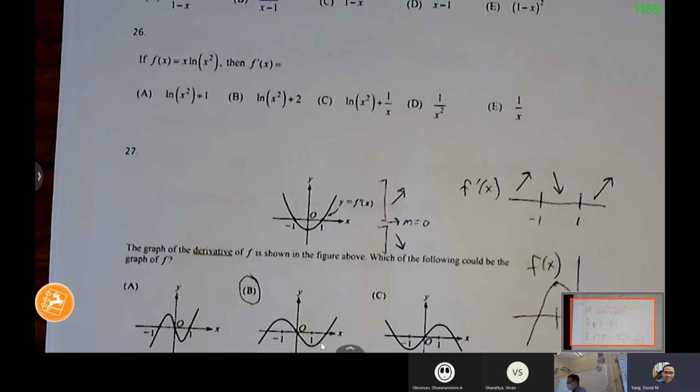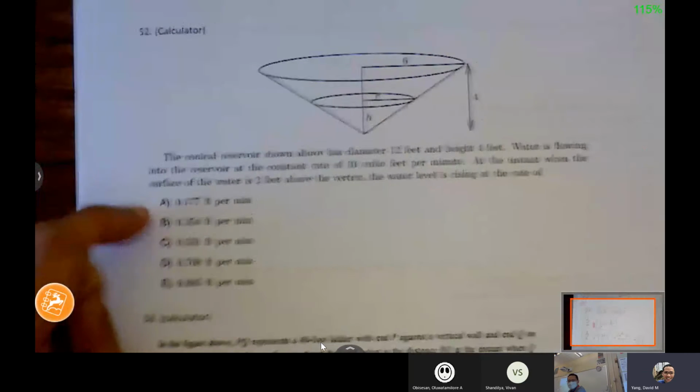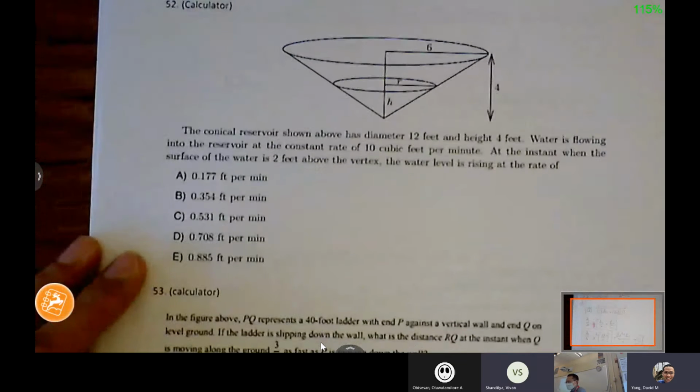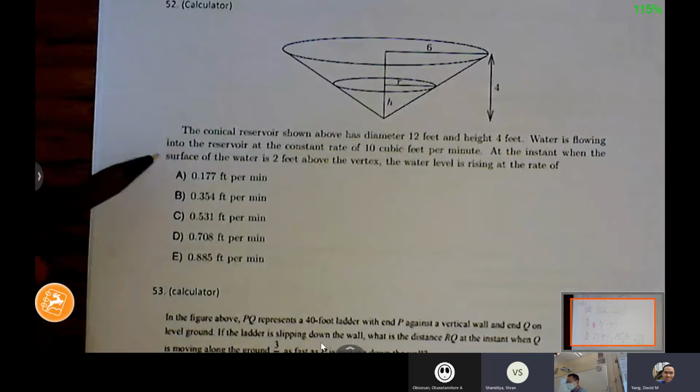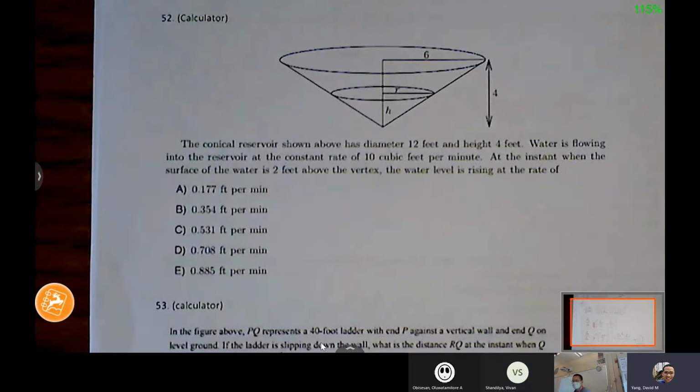About 52. All right, cone problem here. Can we do this one? Yeah, this one here, 52. So we have to do similar triangles.